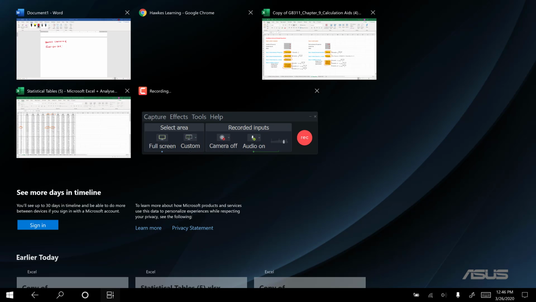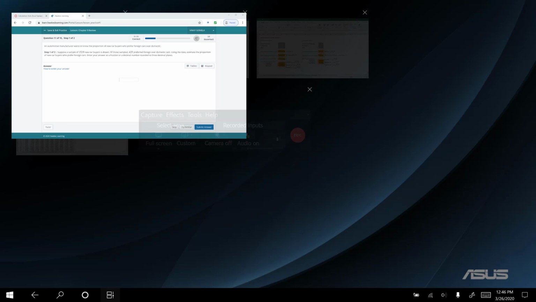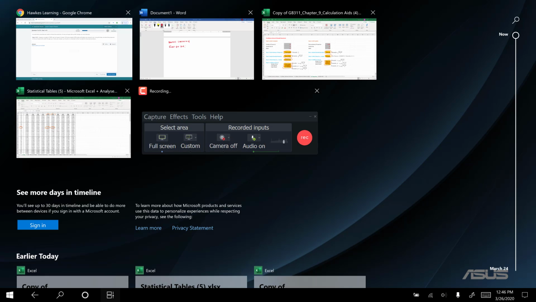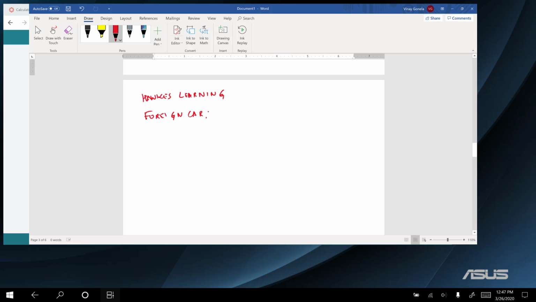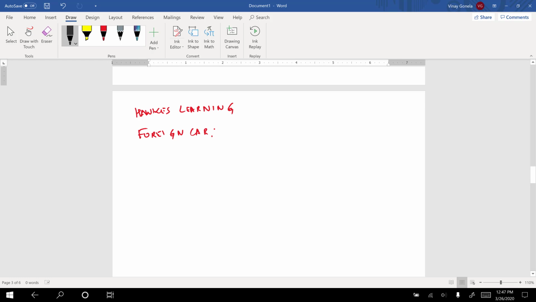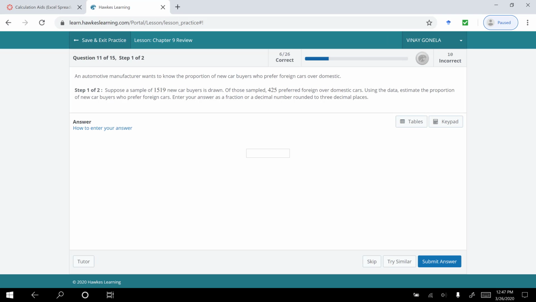So the sample is 1519, and 425 prefer foreign car. So your N is 1519 and your X, so here X is foreign car, so this is 425. And then let's see what confidence interval they wanted us to calculate.